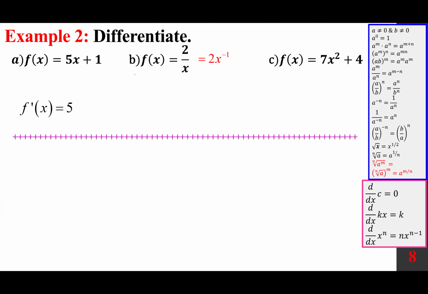So f prime is 2 times negative 1, x to the power of negative 1, and we subtract 1. And this, everybody, is, I'm going to put the asterisk next to it, the only calculus step.